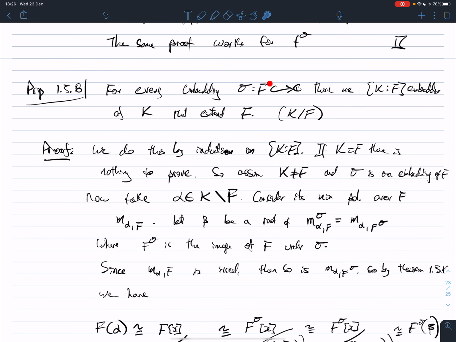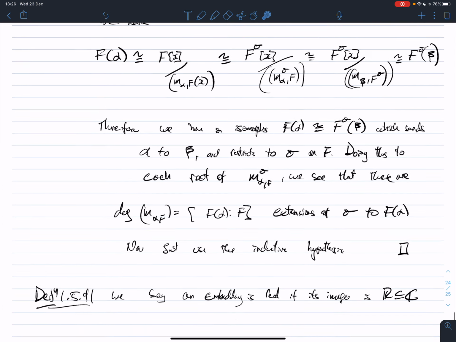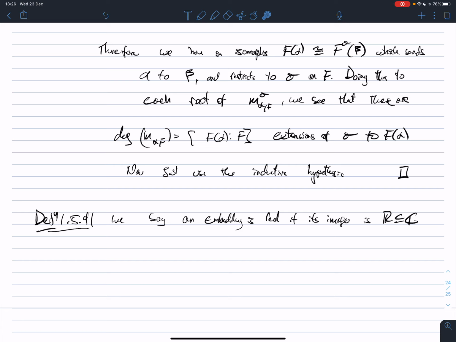Embeddings have to go from your field into the complex numbers, but they don't have to land in all of the complex numbers. It could be that it lands in something smaller, like the real numbers. In this case, we say the embedding is real because its image is in fact inside the real numbers.